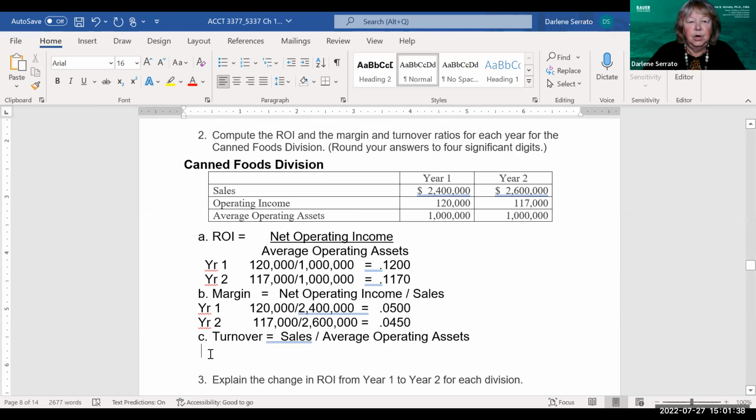Then turnover, year one, sales are 2,400,000 divided by average operating assets of 1 million equals 2.40.